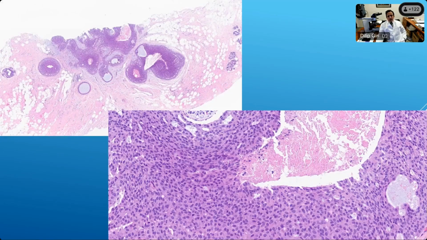But as you can see here, this is the type of picture we saw in UDH, right? So the pathologist who saw this probably is not very familiar with breast lesions and was probably taken in by the florid nature of this lesion and by the presence of necrosis, and made a diagnosis of DCIS.